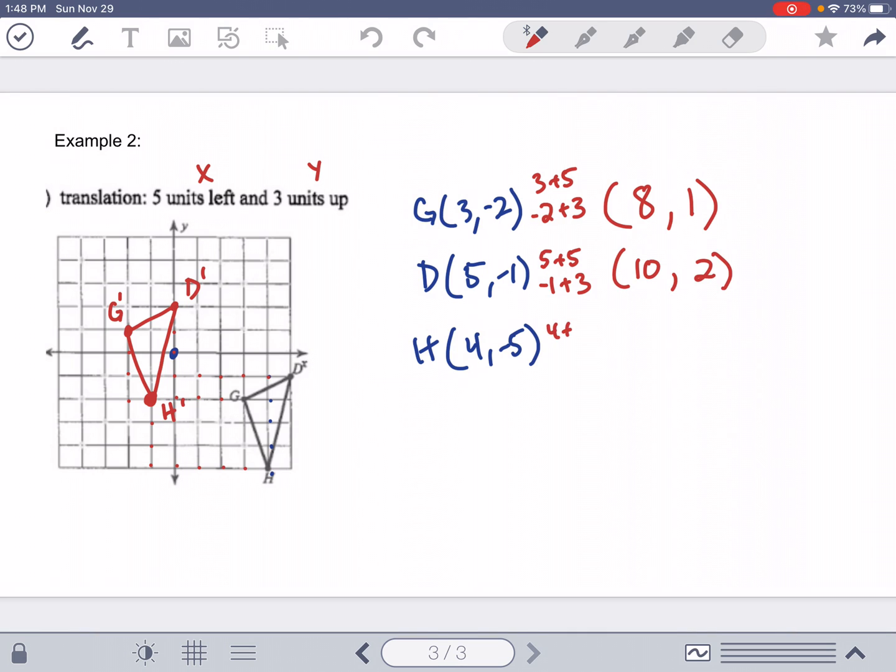And then 4 plus 5 is 9. -5 plus 3 would be -2. So that would be G prime, D prime, and H prime. Let's see if that's correct. Oh no, it's not correct. What did I do? Yeah, I kind of did that on purpose.